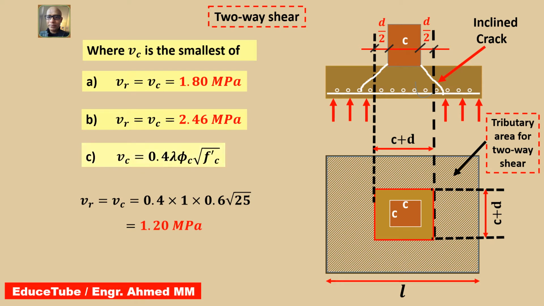Now we are with the third one. Let's put the parameter values: 0.4, lambda equal to 1, phi c equal to 0.6, and square root of 25. We got 1.20 MPa. So it's very clear which one gives the smallest one, number C.